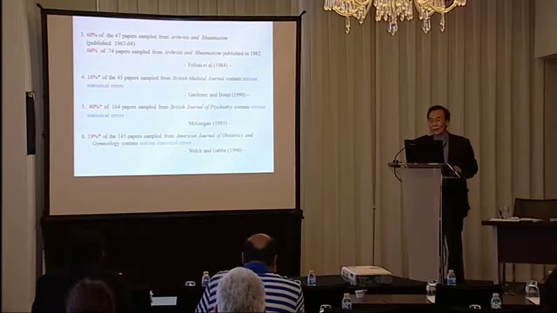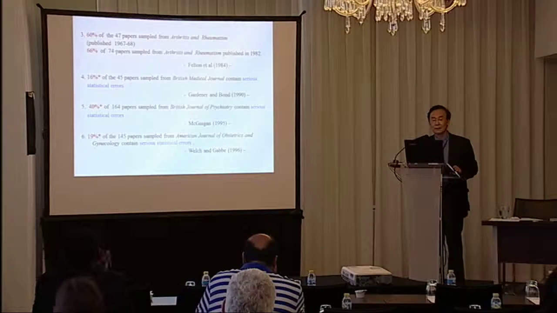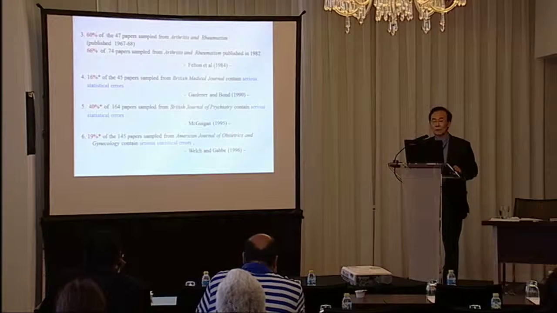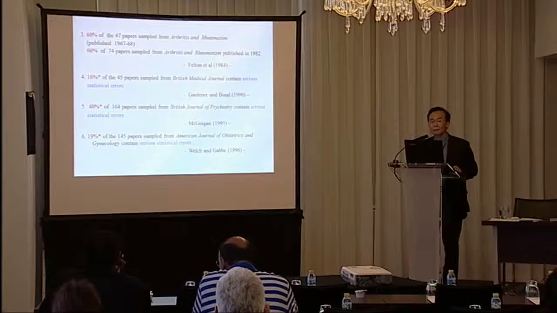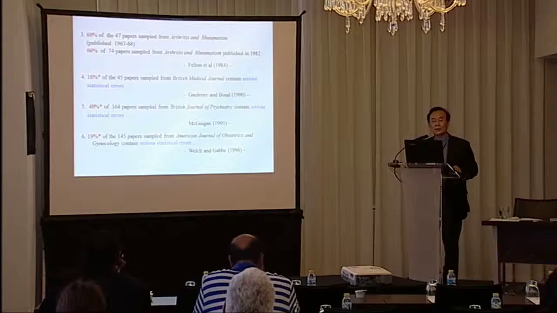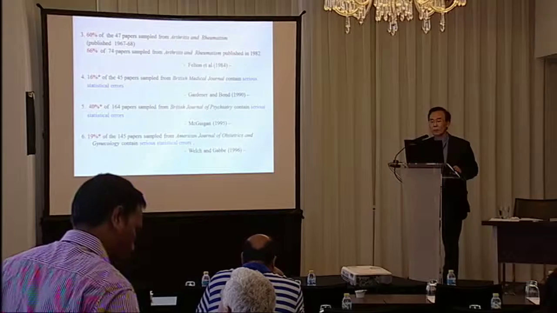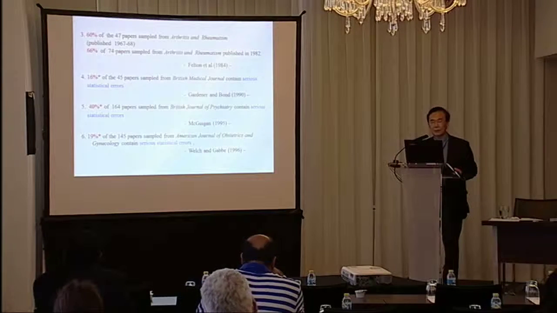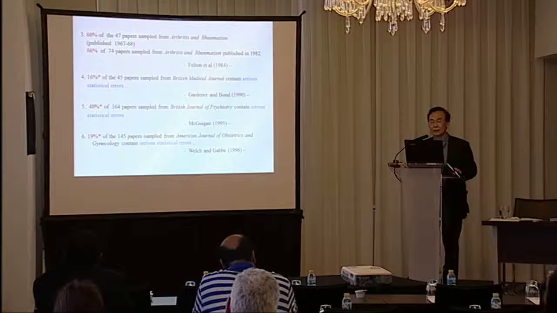In 1984, Felton and his colleagues took a sample of 47 papers from Arthritis and Rheumatism published between 1967 and 1968, and they found that 60% contained some sort of statistical mistakes. They did a similar study, sampling 74 papers from Arthritis and Rheumatism published in 1982, and also found 66% of those papers contained statistical mistakes.